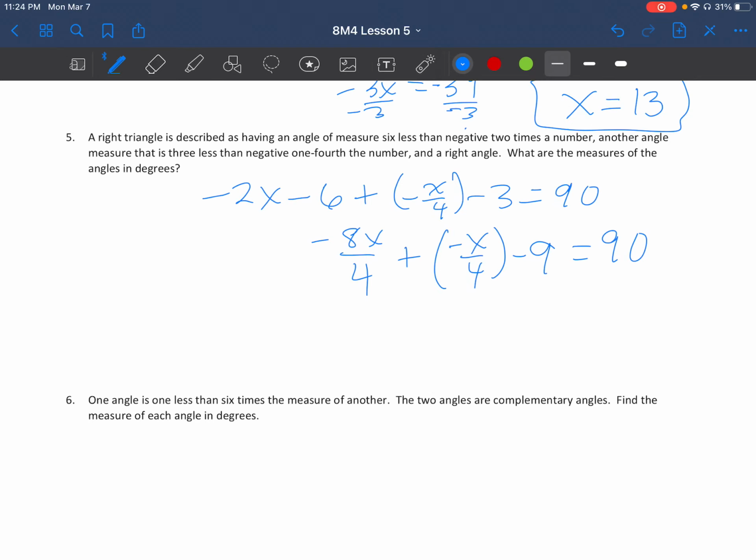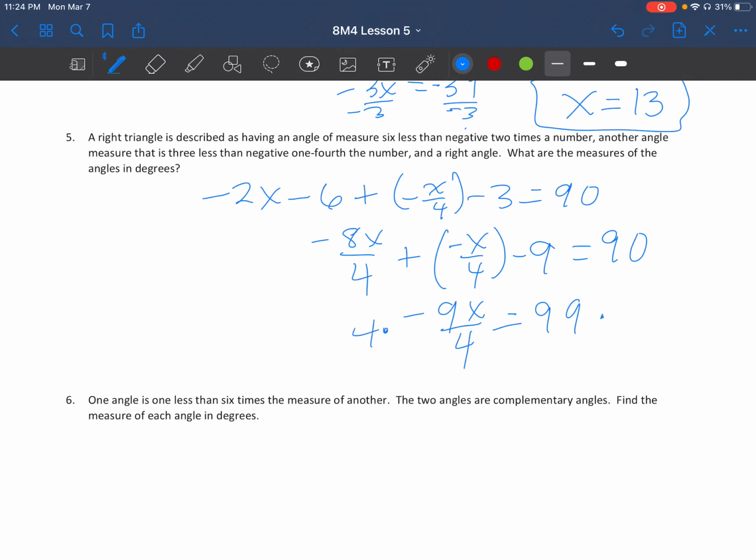Then we end up with, looking at what we got, a negative 8x plus a negative x, so that's going to give us a negative 9x over 4 equal to 99, because we subtracted that 9 from both sides.